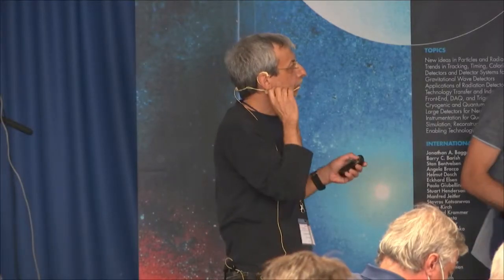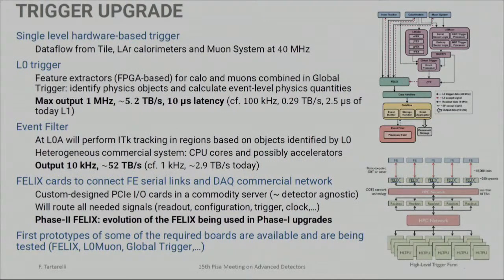So, given that we are now sending the complete high resolution data from the tile calorimeter, the LAr calorimeter, and the muon system to this FPGA here, we can also implement more complex algorithms than we used in the past, where we had to make trigger towers and compact all the events.